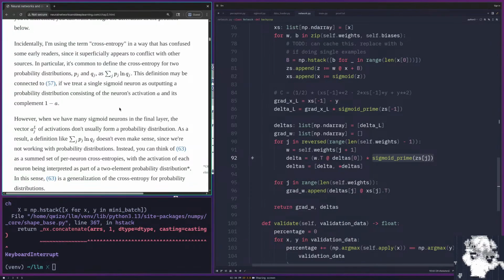Incidentally, I'm using the term cross-entropy in a way that has confused some early readers since it superficially appears to conflict with other sources. In particular, it's common to define the cross-entropy for two probability distributions, pj and qj, as Σj pj ln qj. This definition may be connected to 57 if we treat a single sigmoid neuron as outputting a probability distribution consisting of the neuron's activation a and its complement 1 - a.